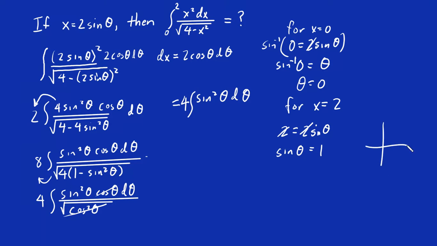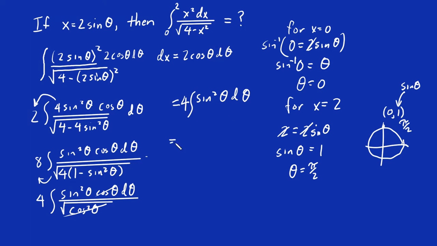Looking at our unit circle, x is equal to cosine theta, y is equal to sine theta. Right there we have a y value equal to 1, and that is sine of theta. That happens at pi over 2, or 90 degrees. So in this case, theta is equal to pi over 2.